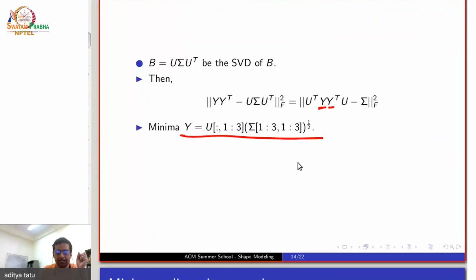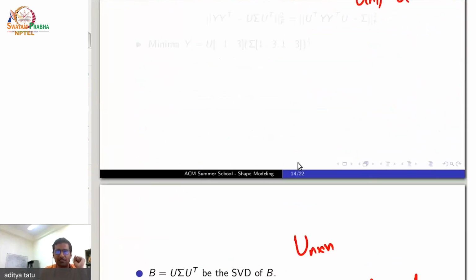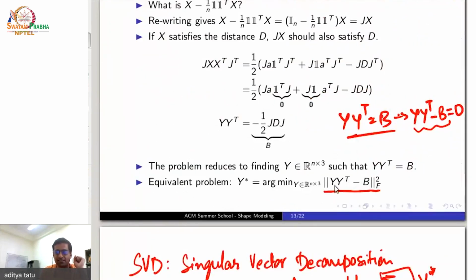Okay, and that brings us to the final algorithm. And so we look at this algorithm. What it does is it tries to minimize this. Right?